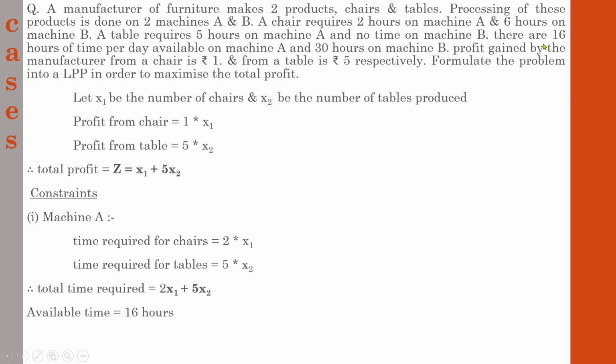You will not get anything more than 16. So available time for producing these chairs and tables is represented as 2x1 plus 5x2 less than or equal to 16. So the first constraint is prepared.